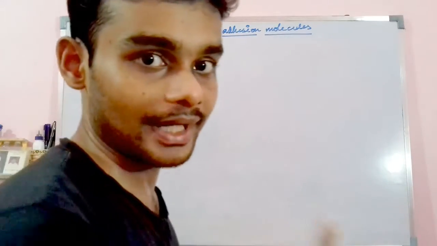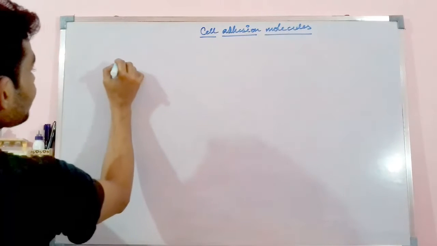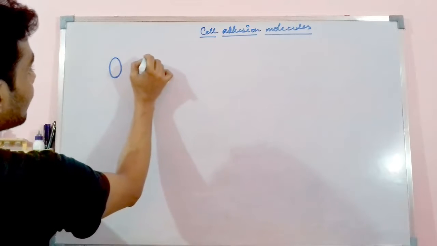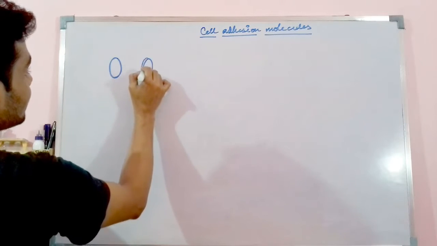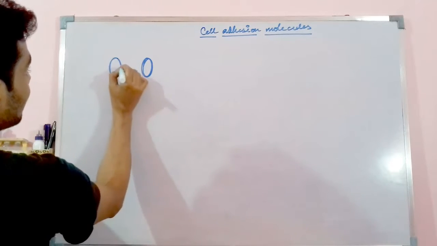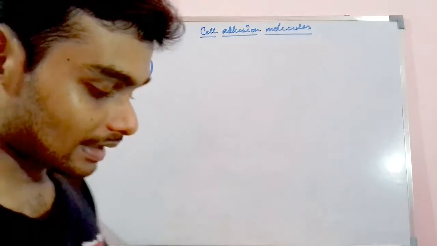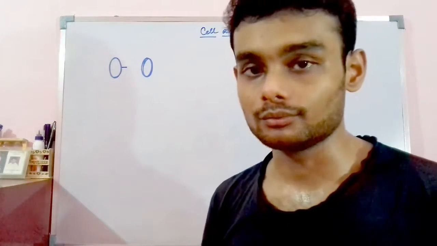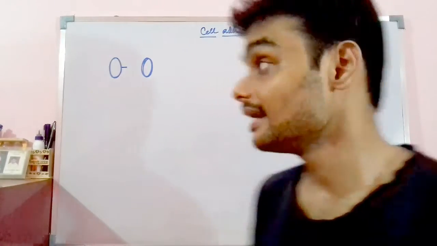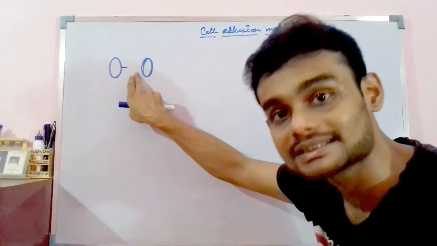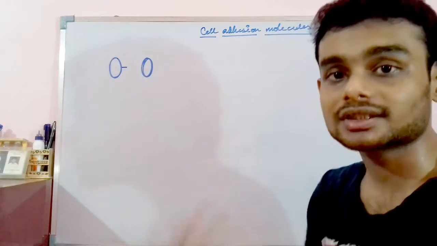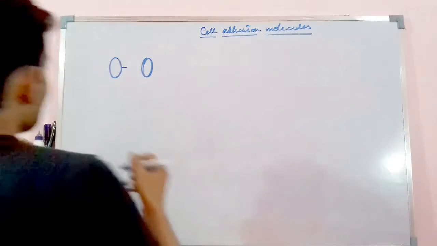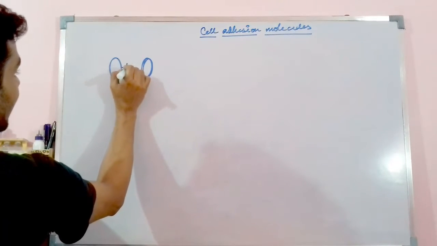The first type is called homophilic binding, where one particular cell binds with another particular cell with the help of a similar type of binding molecule. That is, the binding protein present here is almost structurally and molecularly the same. So that is called homodimeric binding.